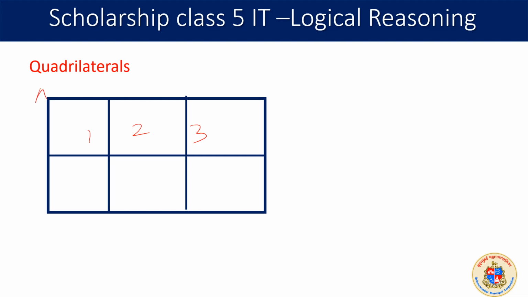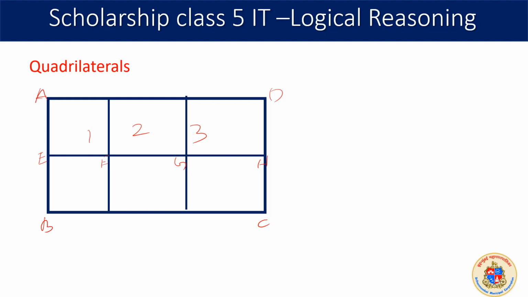If I name this as A, B, C, D, and then I start naming each point as E, F, G, H, you can imagine how many are possible.